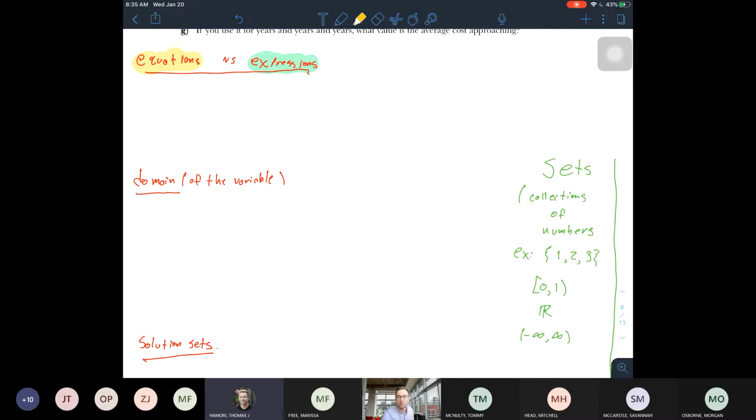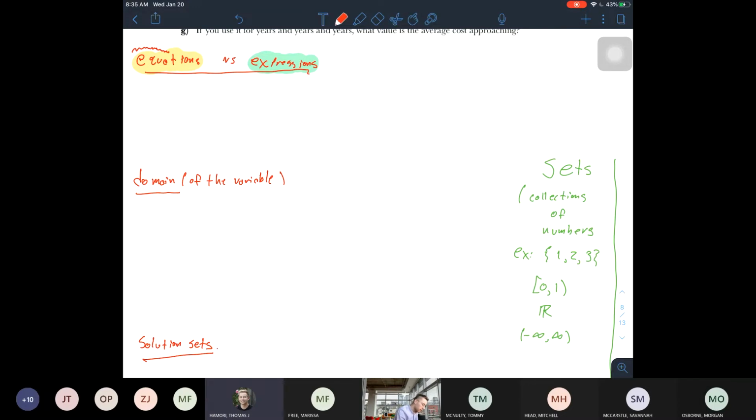Yeah, very good. Everybody already knows this apparently. An equation has an equal sign. You can just read that straight from the first part of the word, the equa. It's the first four letters of an equal sign.